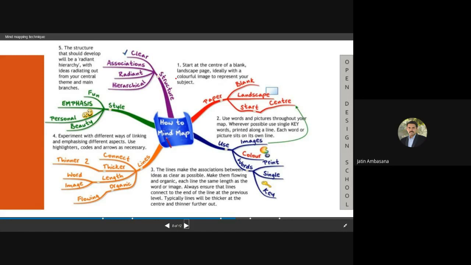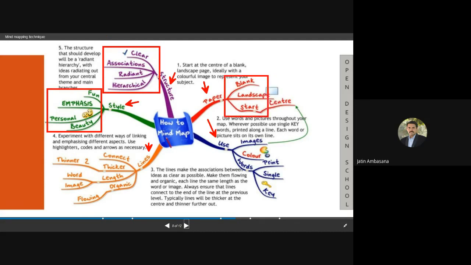What hierarchy is followed? That each idea is first written on the main branch, and then the sub ideas have been added. Okay, and then even some more branches have been added to those sub ideas.